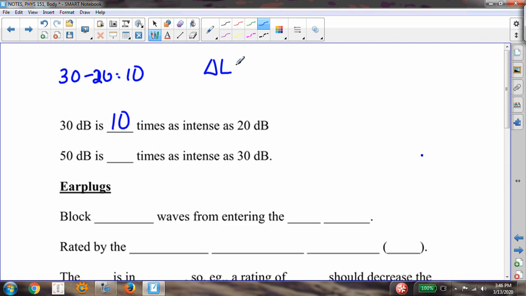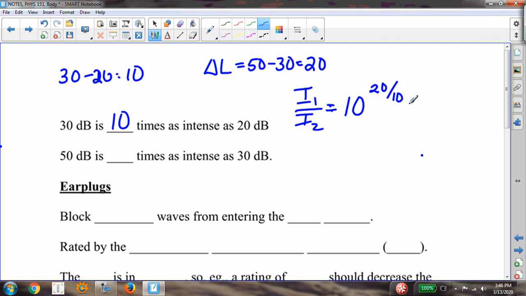Well, in this case, delta L is equal to 50 minus 30, that's 20. So I1 over I2, the ratio of the two intensities, the one at 50 decibels and the other at 30 decibels, is going to be 10 to the 20 divided by 10, or 10 squared. So 50 decibels is 100 times as intense.